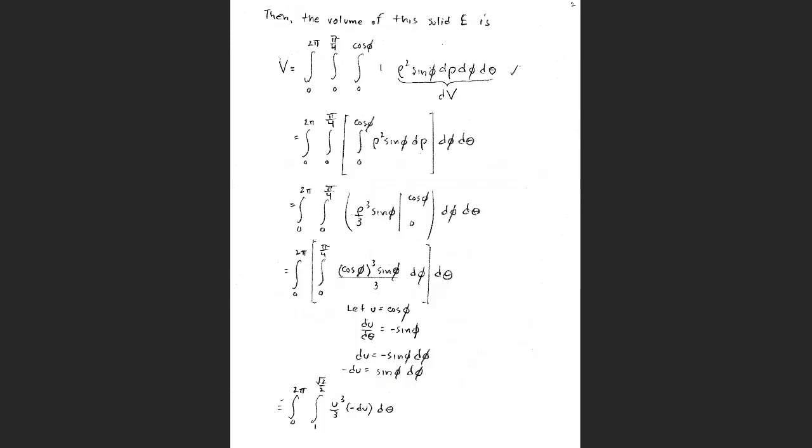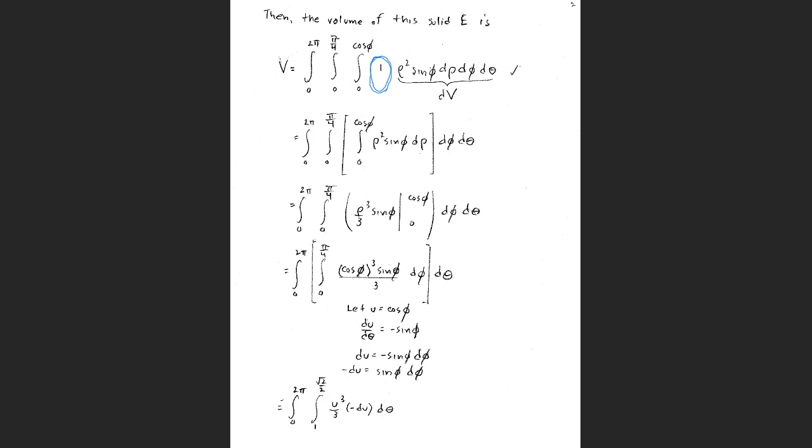Let's do our triple integral. Here we go. So remember, I'm finding the volume. Anytime you find the volume, your integrand, you're going to have a 1 here. dV is rho squared sine phi d rho d phi d theta.